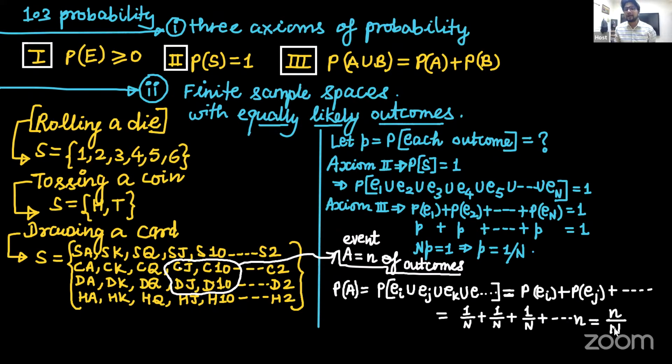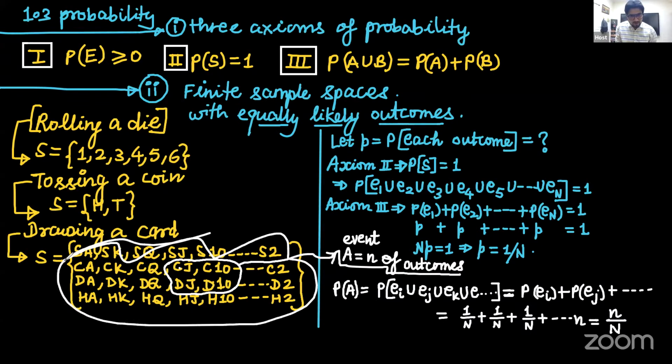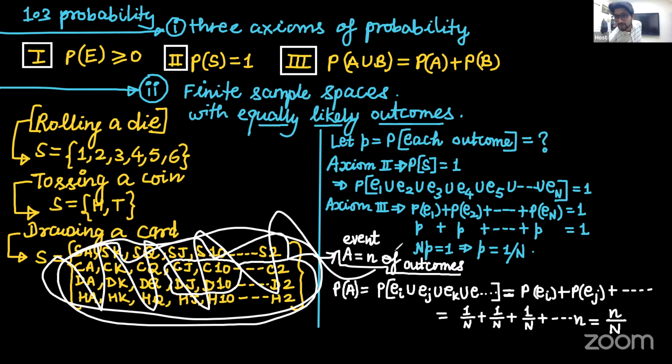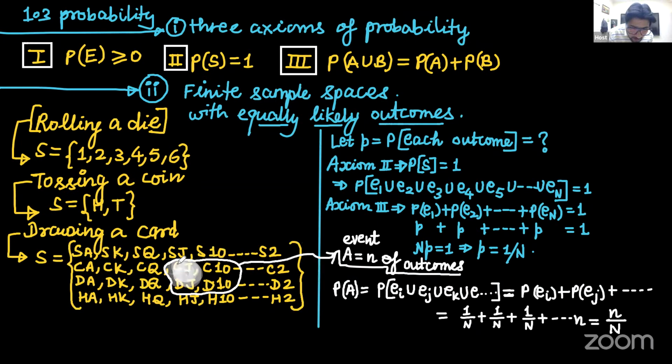What was capital N? Capital N was the number of all possible outcomes in the sample space. And what is small n? Small n is the number of outcomes in which you are interested, that part of the sample space that favors me.